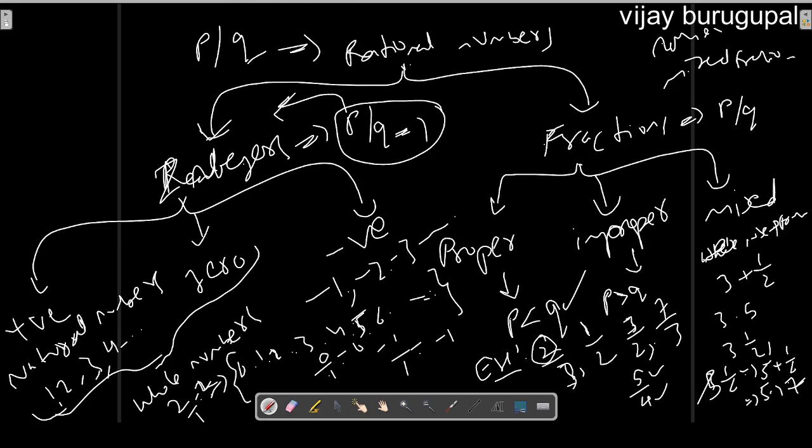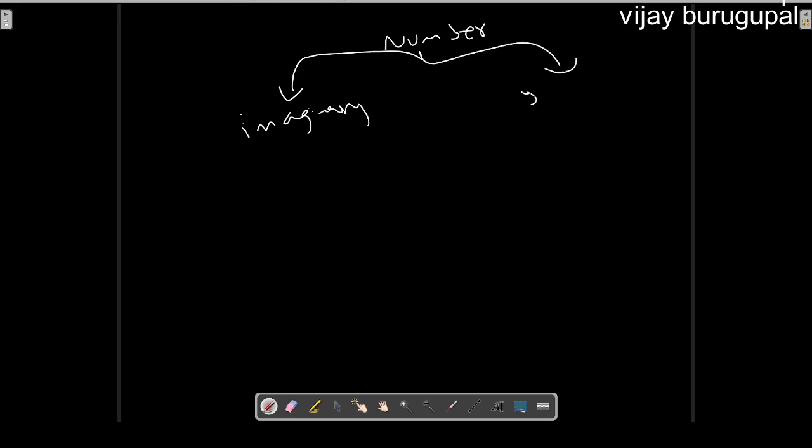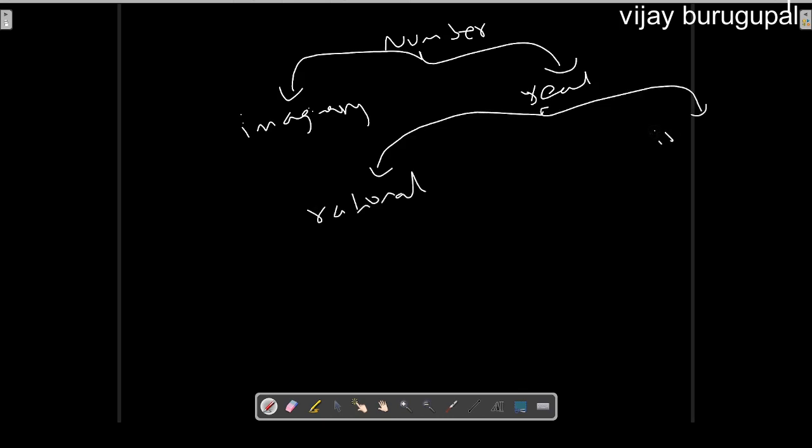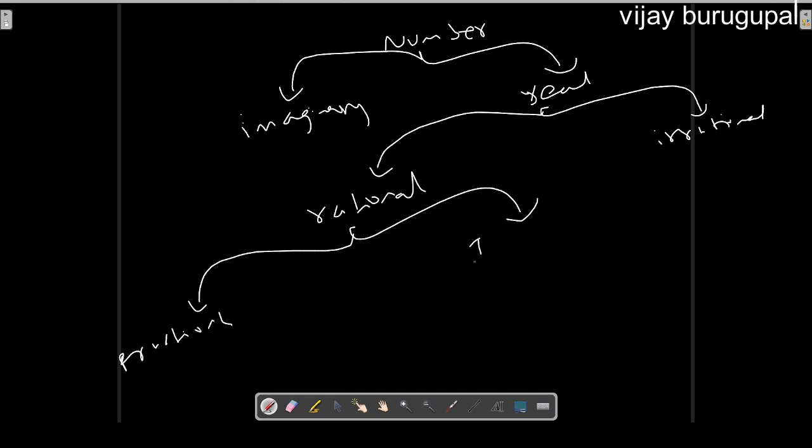I think the hierarchy of the number system is clear to everybody. Let's look into it again. Numbers are classified into imaginary and real numbers. Real numbers are again classified into rational and irrational numbers. Rational numbers are again classified into fractions and integers.